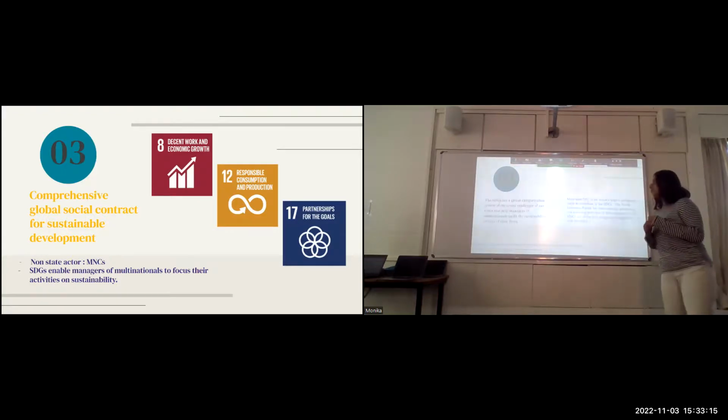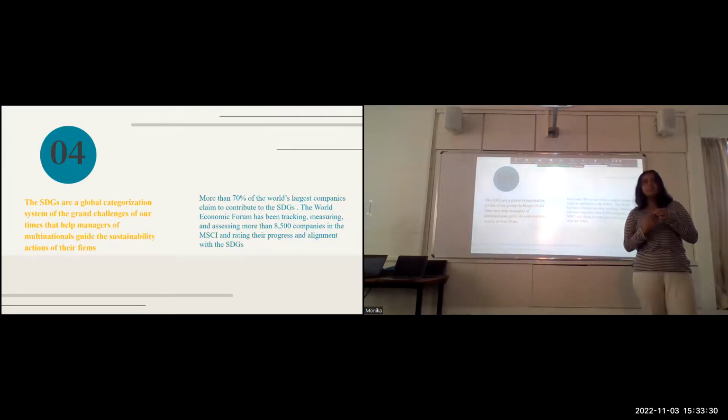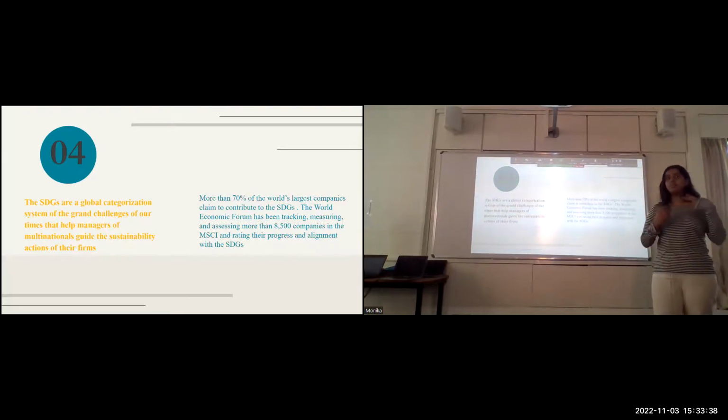And building upon the same point as before, SDGs are a global categorization system of the grand challenges of our times that help managers of multinationals guide the sustainability action of their firms, which basically means, like I mentioned before, in a way, aligning yourself with SDGs is a way to also personally help the organization.